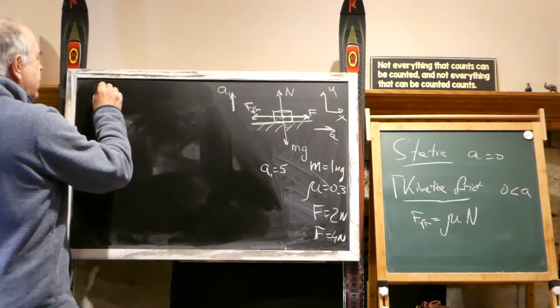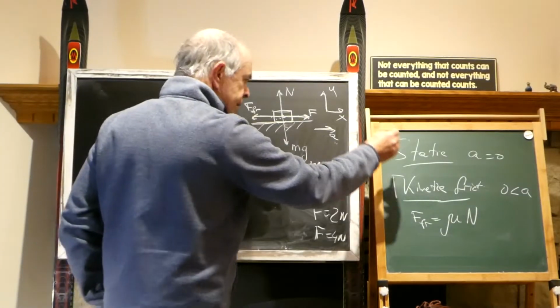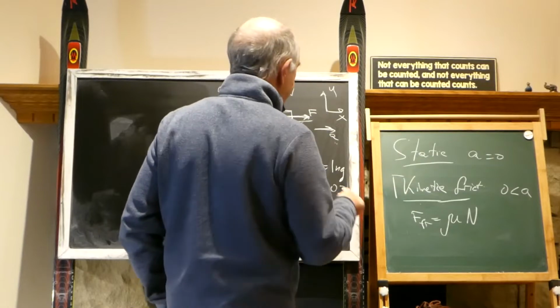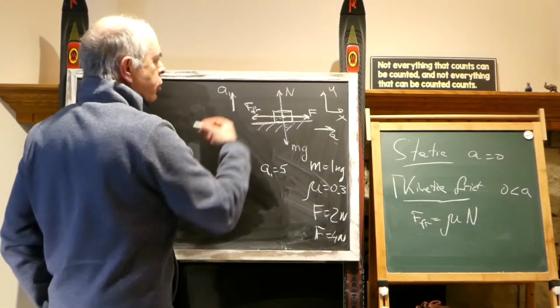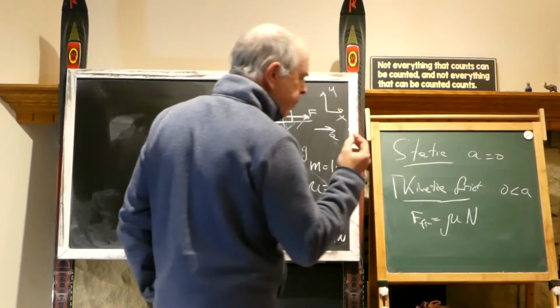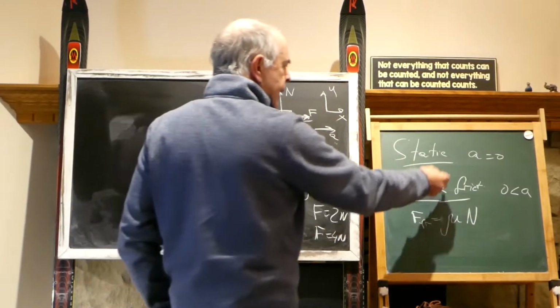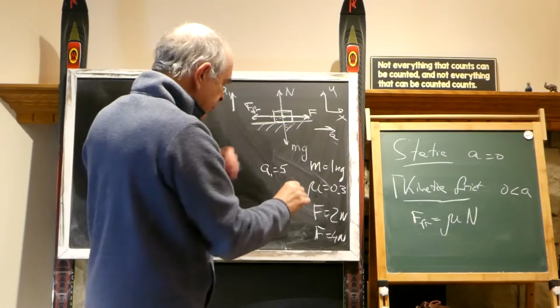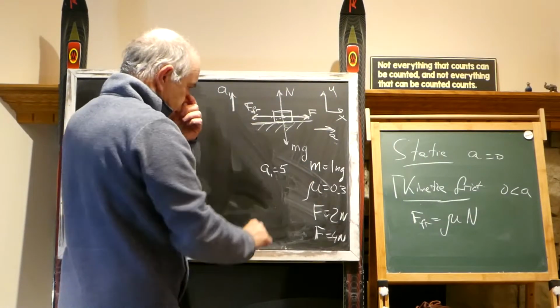So nothing much changes. We still have either static or kinetic friction. We don't know which it will be before we try to solve the problem. We only know that to distinguish between static and kinetic friction, there are two things. First, acceleration in this direction along the surface.